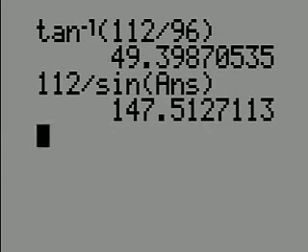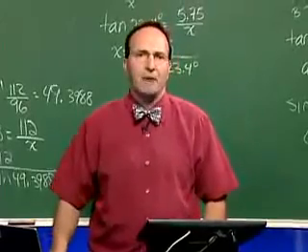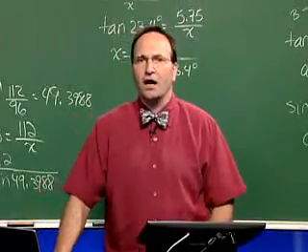So second answer, close the parentheses, and it's going to plug in my 49.3987, etc., and hit return, and it comes up to 147.51. In other words, we could basically just round that off and call it 148 miles that the two ships are apart.